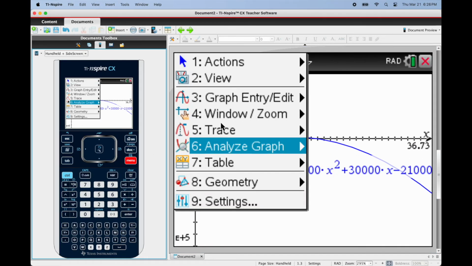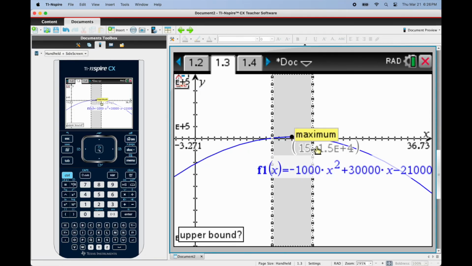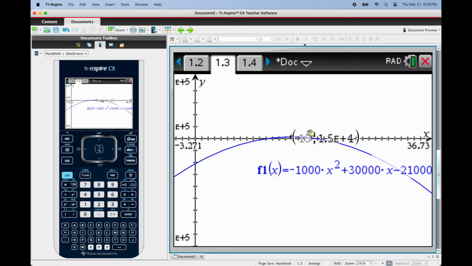Let's find the max. Analyze graph, maximum, and there it is. So once we price the phone cases at $15, we have a maximum profit. And we'll explain what this is, or this 1.5 E plus 4.